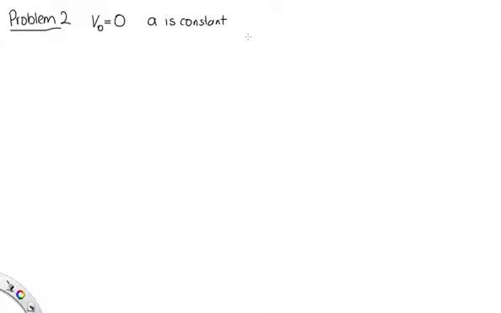At one time, so we can call this t1, it was travelling at 30 meters per second. So v1 is equal to 30 meters per second. And 160 meters further on, it was travelling at 50 meters per second. Okay, so let's put this at t2. v2 is equal to 50 meters per second.